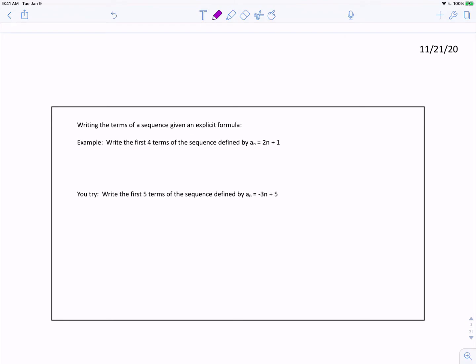So let's practice writing the terms of a sequence when we're given a formula. Write the first 4 terms of the sequence defined by a sub n equals 2n plus 1. So this literally just means plug in 1, 2, 3, and 4. If we plug in 1, a sub 1 would be equal to 2 times 1 plus 1, or in other words, 3.